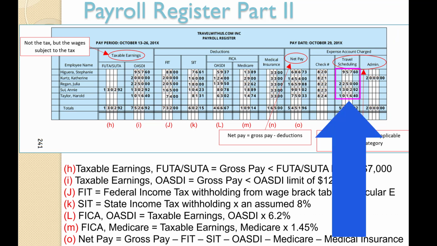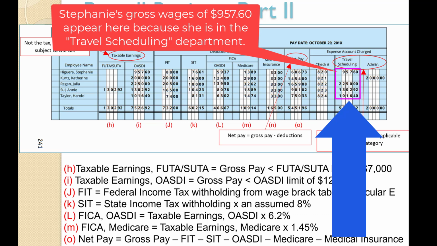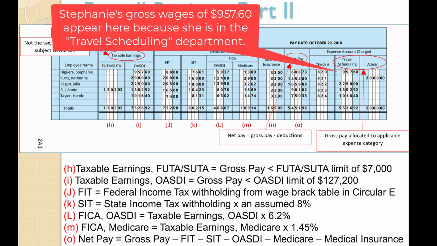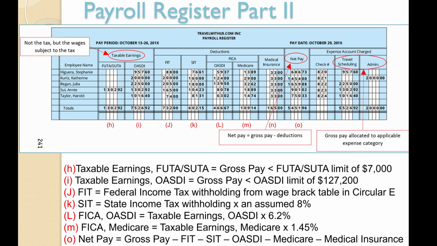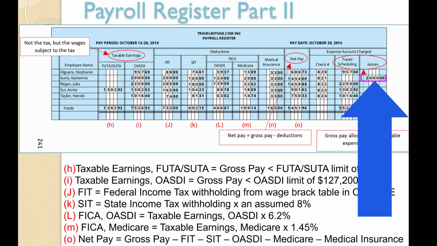In the travel scheduling column, it looks like Stephanie is part of the travel scheduling department, as is Julia, Annie, and Harold. These numbers, like Stephanie's 957.6, represent their gross pay. And again, this is basically for budgeting purposes. And we've got only one employee in the administration department, and that's Catherine.